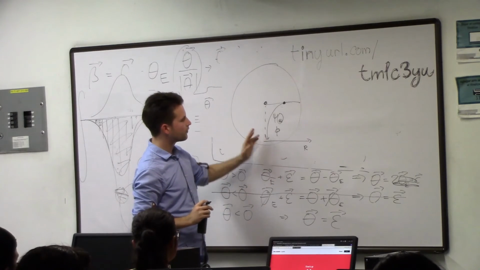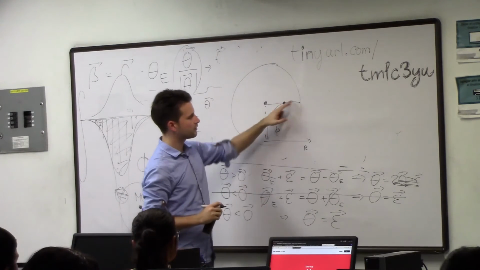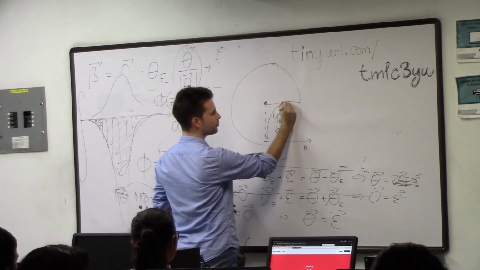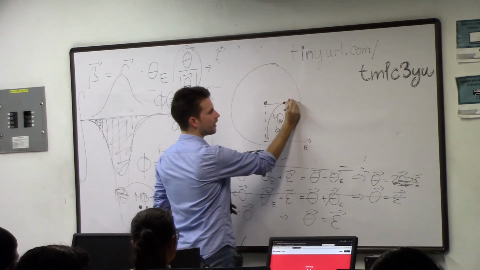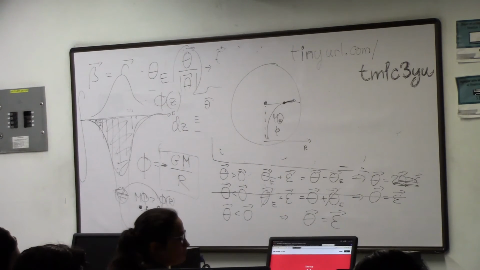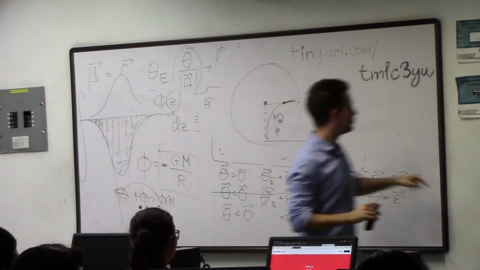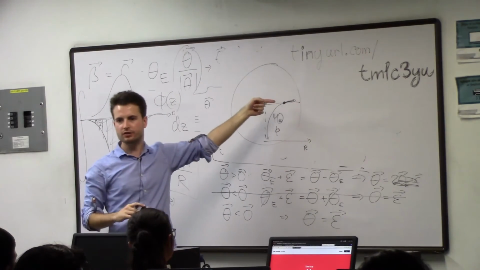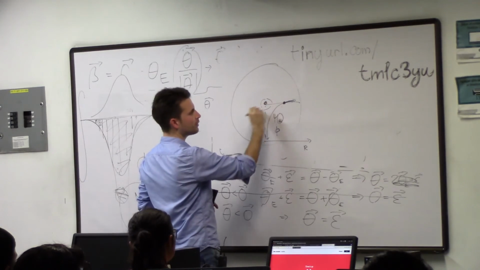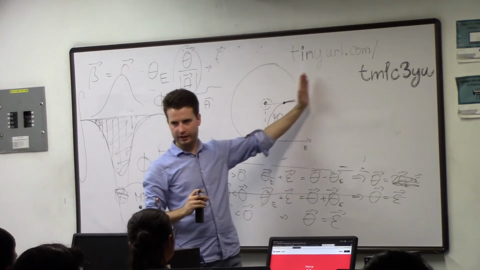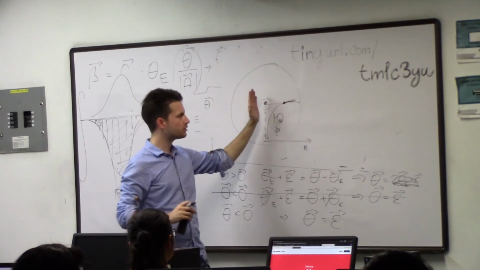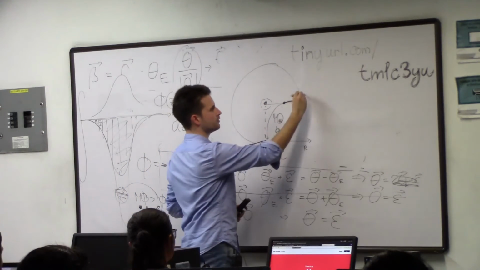It's very negative over here. As you increase the radius, this potential increases, so the gradient is going to be positive. And that means this angle is going to point away from the lens. And this is what we saw before, that if you have a source behind the lens, the deflection angle is pushing it away from the lens. Not closer, away from the lens on this side.